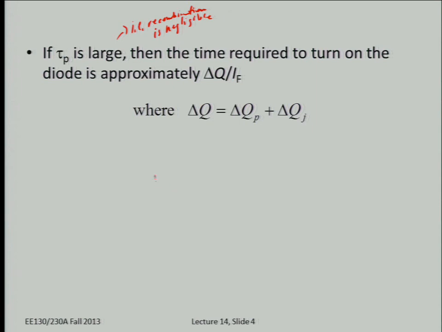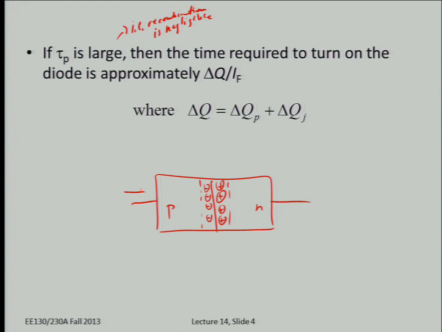let's just draw here. In the N region, you have a depletion region on the left, a depletion region on the right, like this. And your circuit is forcing some forward current to flow here. Okay.